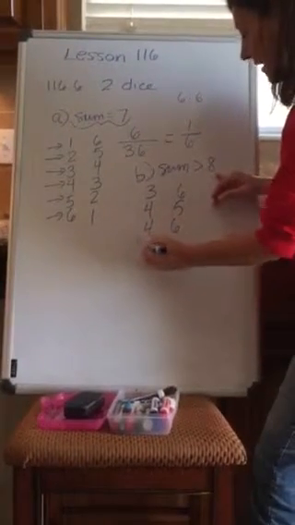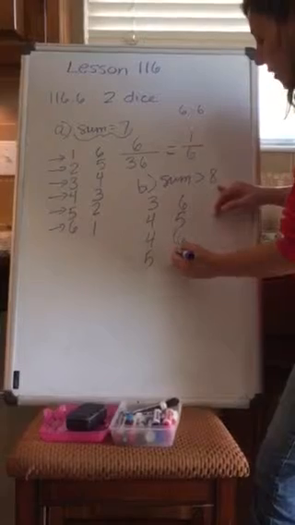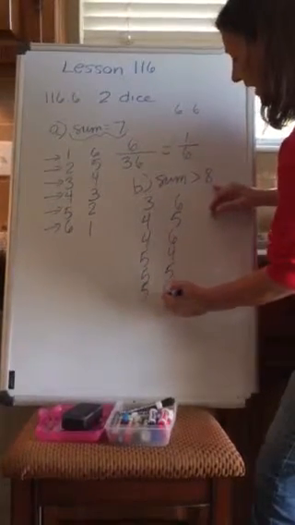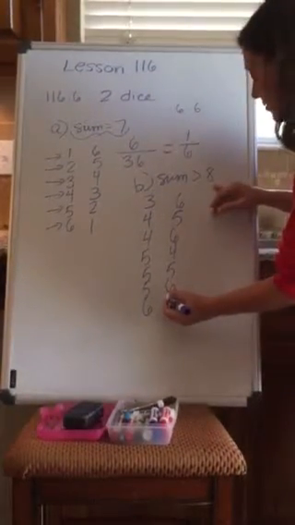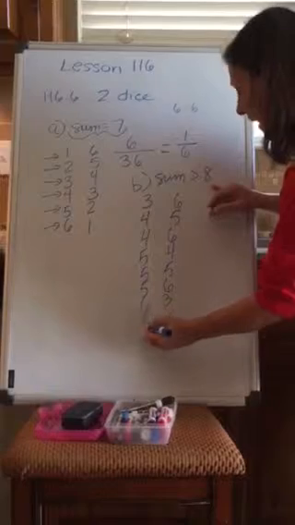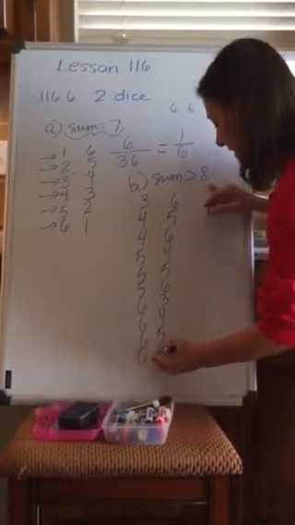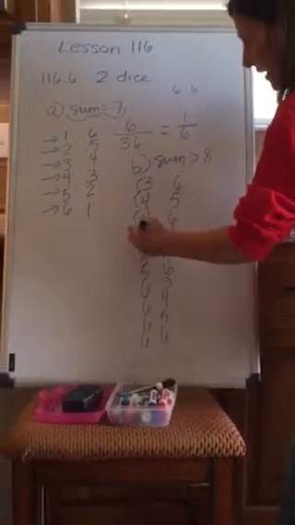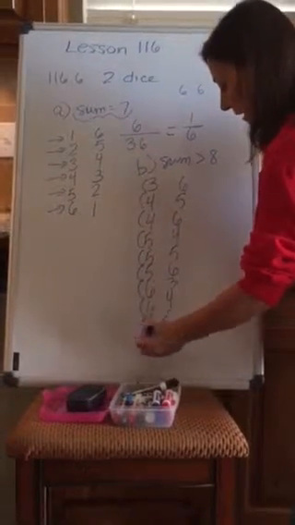Now what if I go to 5? 5 and 3 is 8, so I can roll 5 and 4, I can roll 5 and 5, I can roll 5 and 6. Now we go to the 6. I can roll, not 2 because that's 8, 3, I can do 6 with 4, 6 with 5, and 6 with 6. So how many permutations do I have? 1, 2, 3, 4, 5, 6, 7, 8, 9, 10.